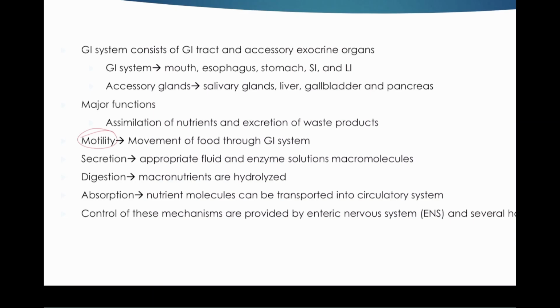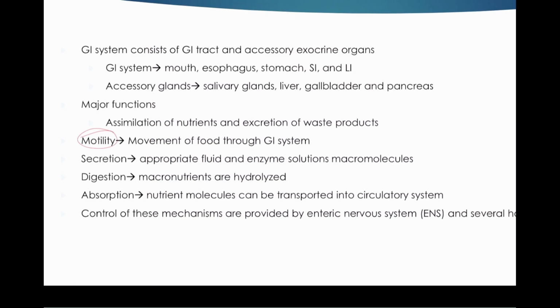Diabetics, they have what's called gastroparesis, where the stomach doesn't really work very well, the musculature of the stomach doesn't work well, and the food sits there for a long time. That's slow motility, nothing's really going on. So motility, is it going too fast or too slow through the system?